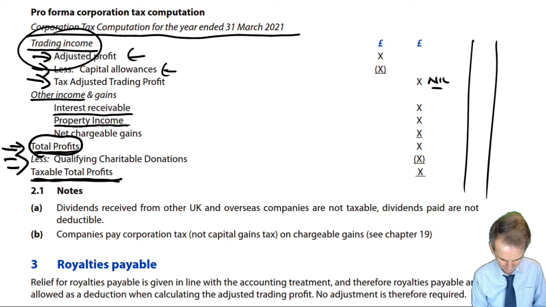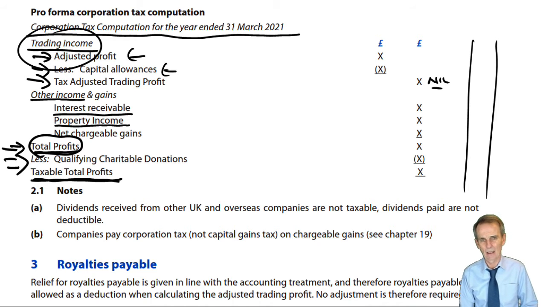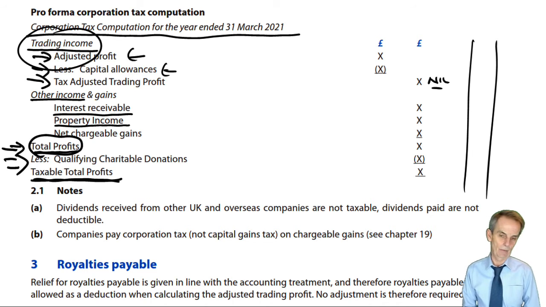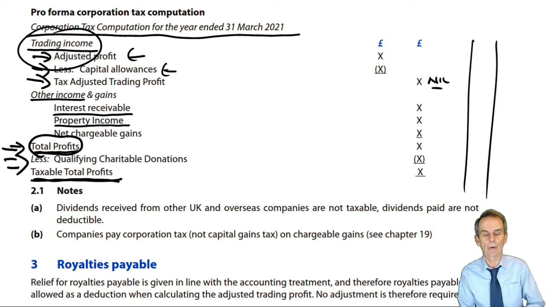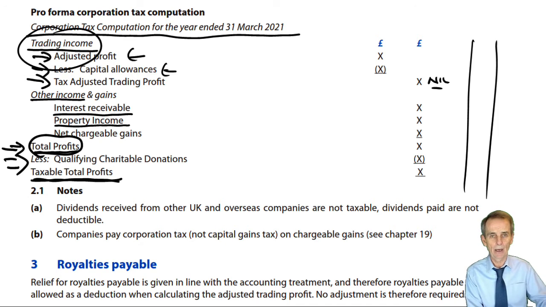Property income. Now, what's going to happen here is that, unlike in income tax, where we mostly worked on a received basis in terms of relating a source of income to the tax year in which it would be assessed, now in preparing the corporate tax computation, we're going off the financial statement of profit or loss that's been prepared on an accruals basis. So we work on an accruals basis as well. So it will be the interest receivable.